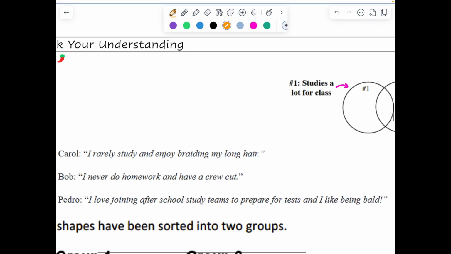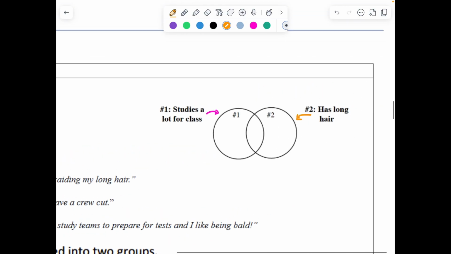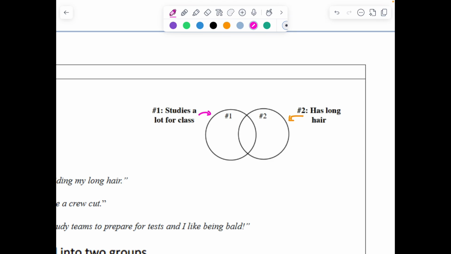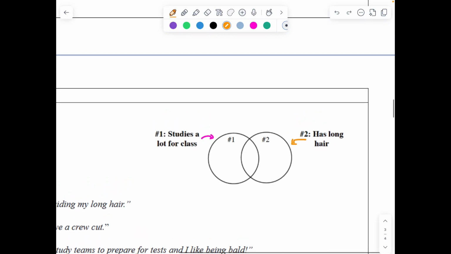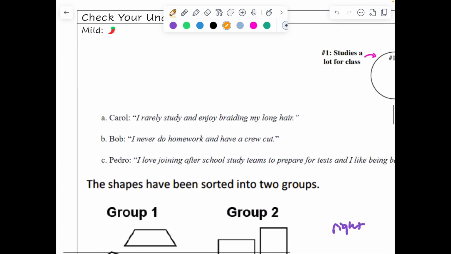So let's fill this out. Carol says she rarely studies, but she enjoys braiding her long hair. Because she doesn't study, she can't be anywhere in this circle. She has to be just where the long hair is. So that is where Carol is going to be, in the long hair circle.